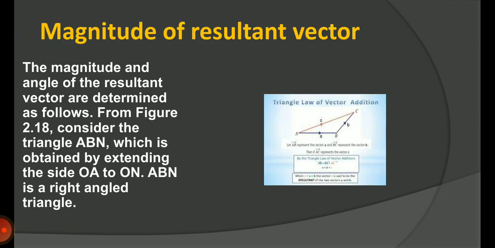Magnitude of resultant vector. The magnitude and the angle of the resultant vector are determined as follows. Consider the triangle ABN, which is obtained by extending the side OA to ON. ABN is a right-angled triangle.